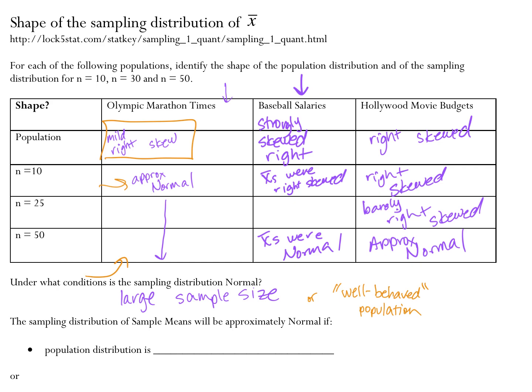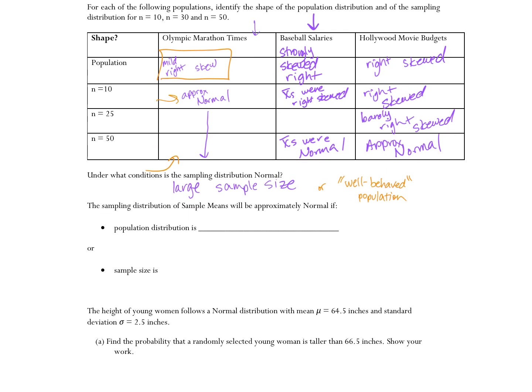So under what circumstances will the xbars be normal? So, like, remember, the p hats were normal if np and n(1 minus p) were greater than or equal to 10. This is going to sound silly, guys, but why can't I use just the same rules here?